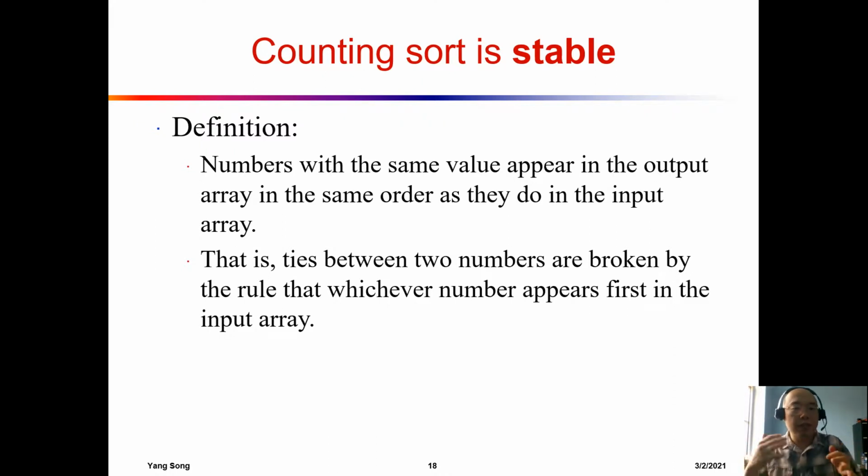This means the counting sort is a stable sorting algorithm. In other words, if there is a tie of two values in the original list, then the tie will be broken based on whichever value appears first. So counting sort is a stable sorting algorithm.